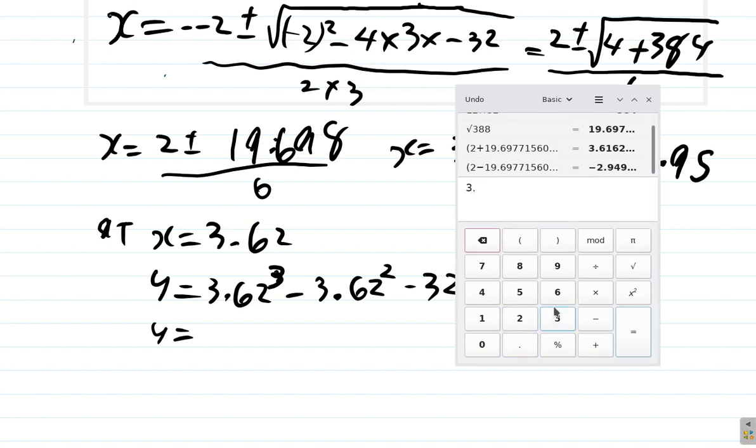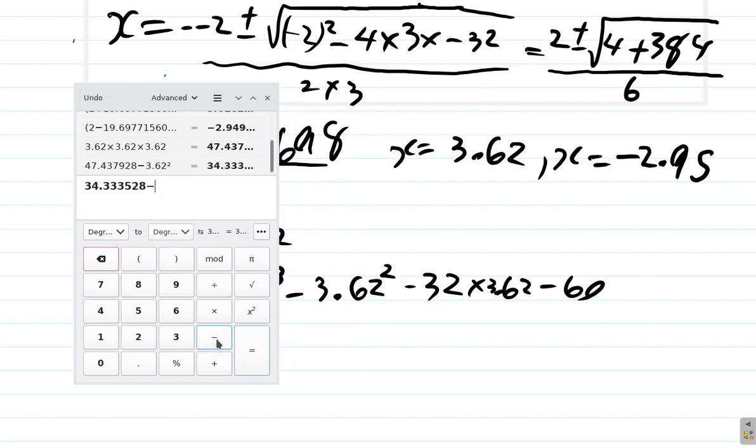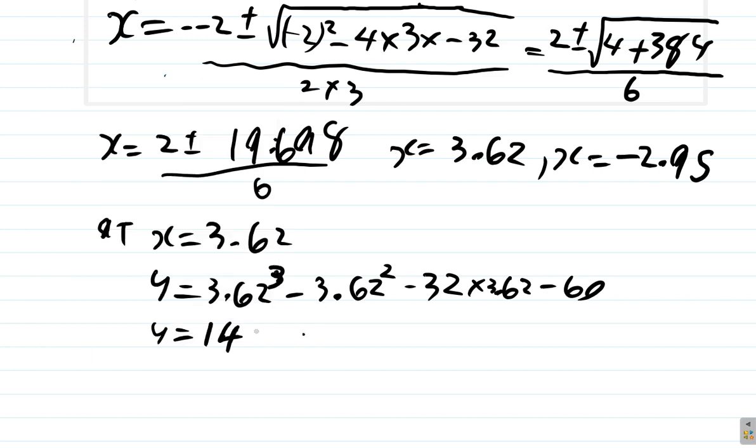So we have 3.62 cubed. Alright, instead of raised to the power, let's just have 3.62 times 3.62 times 3.62, that's 3.62 cubed, minus 3.62 squared equals that, minus 32 by 3.62 equals that, minus 60 equals 141.5.